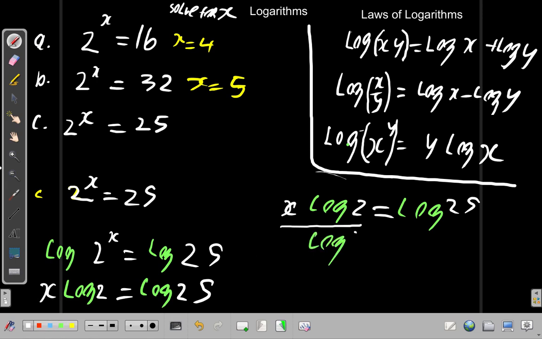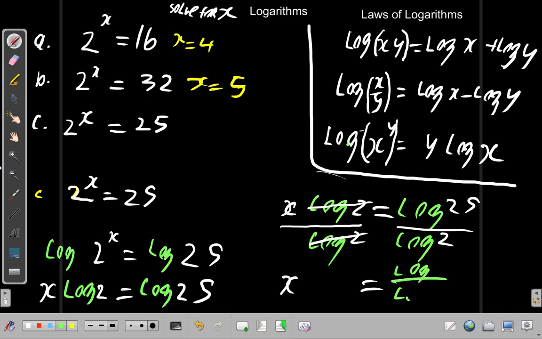When you divide by log 2, it cancels log 2, and all you have left is x. But if you divide the left by log 2, you must divide the right by log 2 as well. So this will be log 25 over log 2. You see that? There is log 25 over log 2.